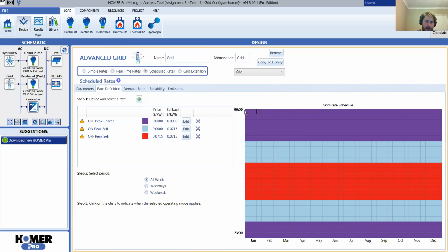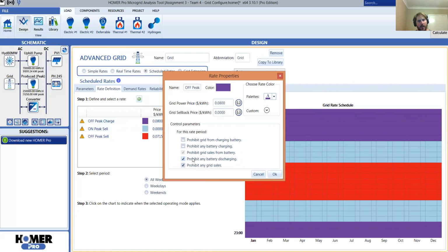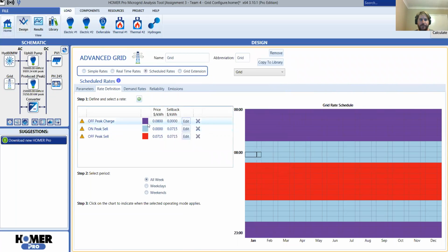It starts at 12, goes till 6 in the morning, and then starts up again at 9 at night, and goes through the night. So for the off-peak, it prohibits the battery from discharging, and it prohibits any sales to the grid at this time.